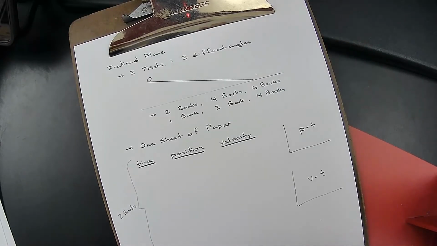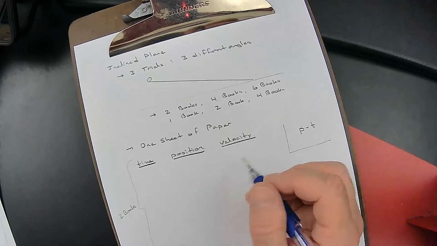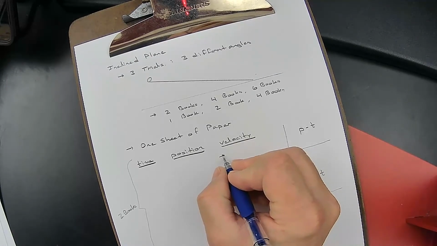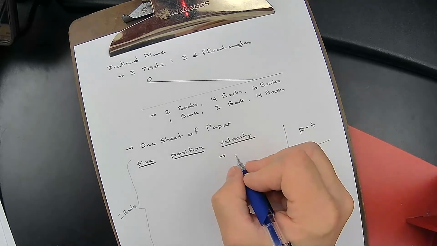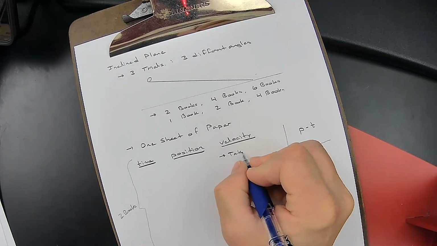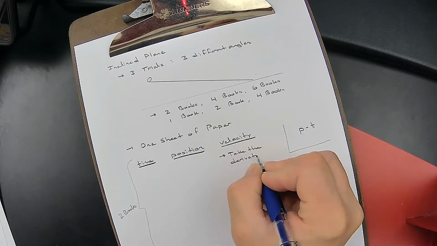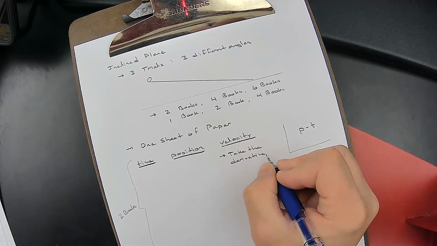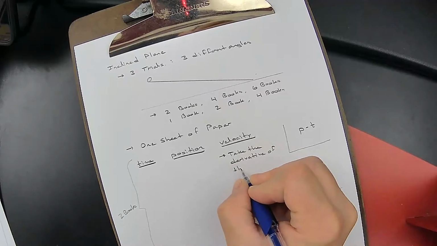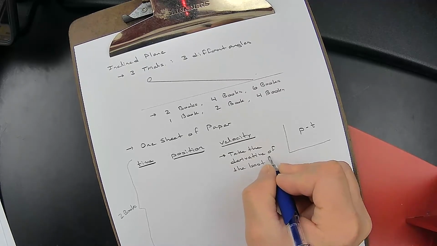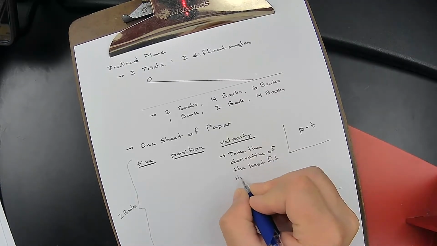So we're going to get 3 sections of data plus 2 graphs. Now, for the velocity, we are going to take the derivative of the best fit line.